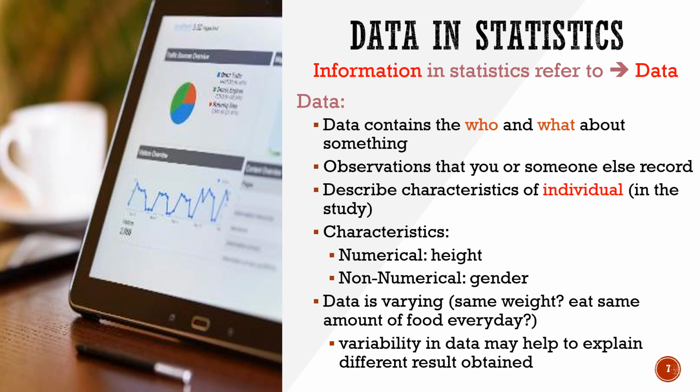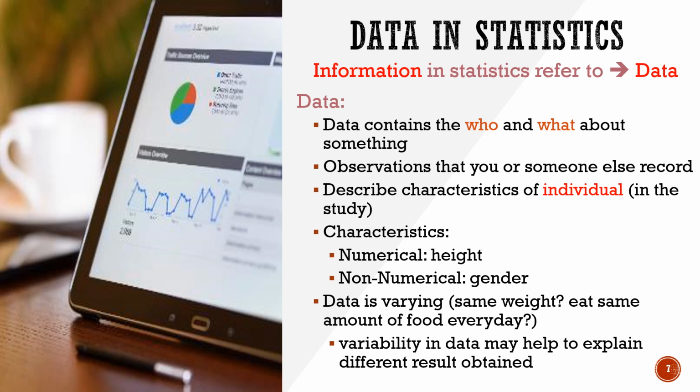Data or observation is recorded or collected by you or someone else. This will be called individual information. An example is observations of students, patients, retailer companies, and many more.